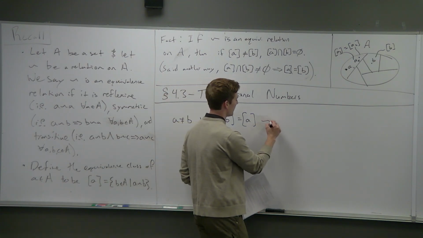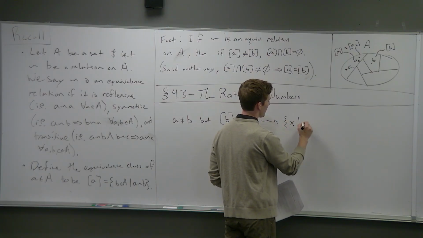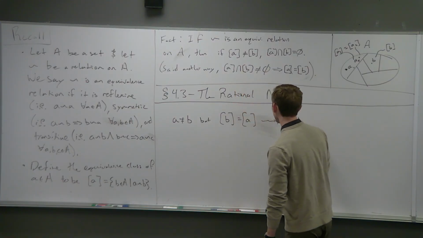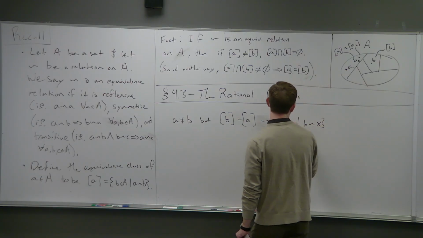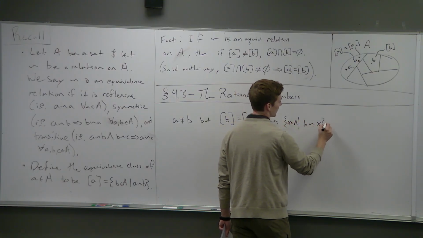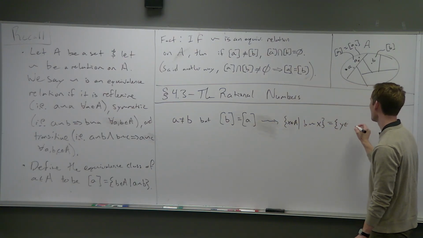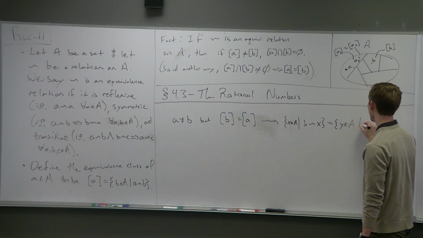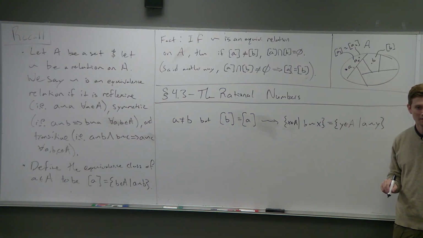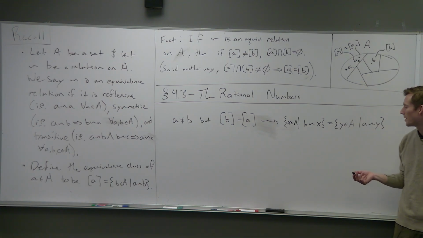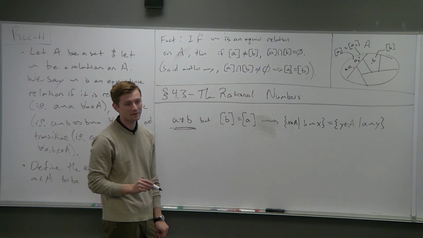This says that the set of x in A such that B is related to x, and the set of, I'll use a different letter, y in A such that A is related to y, are the same sets. That's what having the equivalence classes be the same means. And it's totally possible to have things be different, yet have the same equivalence class.